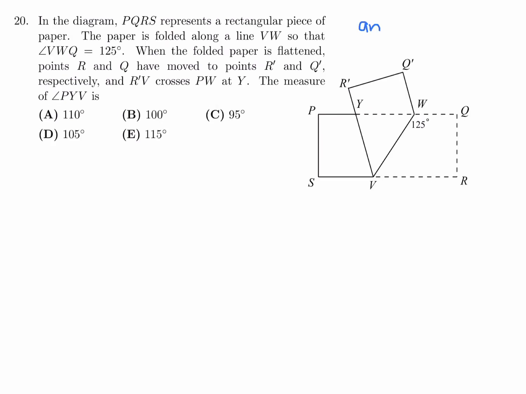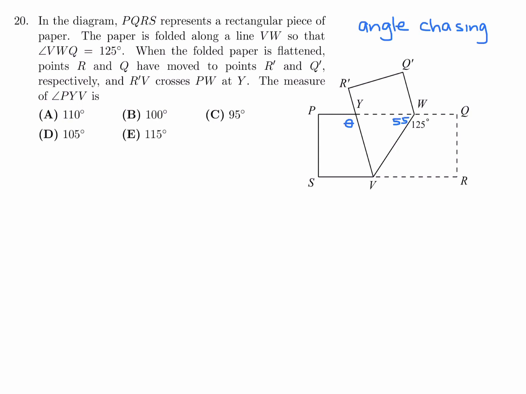So this is a question that involves angle chasing. We have to figure out the angle. So the angle is PYV, this one right here. So I'll call that theta right there. All right, what else do we know here? This is 125. So that means this angle in here must be 180 minus 125. So that's 55.